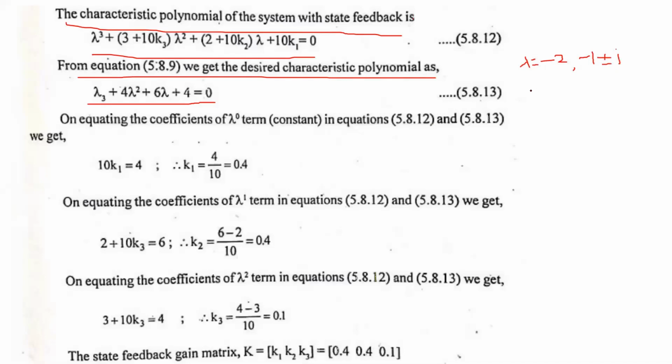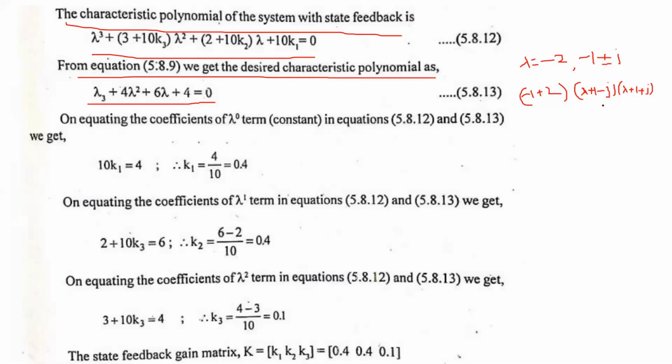So I can write this as (lambda plus 2) multiplied with, since there are two more poles, (lambda plus 1 minus j) and (lambda plus 1 plus j).